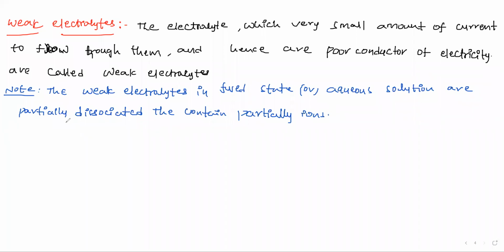Okay. Here, examples. Examples for weak electrolytes are aqueous solutions of acids except mineral acids.